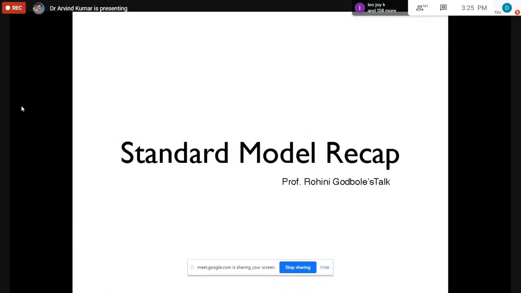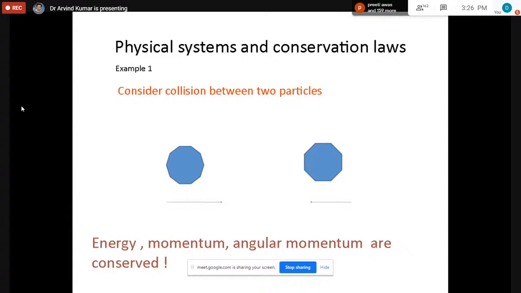So like I said, the standard model recap is mostly for people who have no idea about what particle physics is. It will be some sort of elementary introduction to particle physics and the standard model, but I hope to run it fast because Rohini has talked about it in the morning. The way I'll be talking about it is to emphasize the important points which I want, so that I can continue my discussion later on.